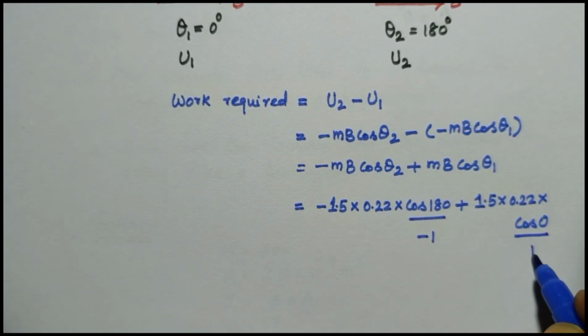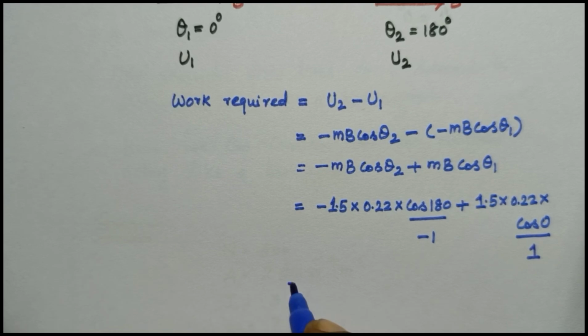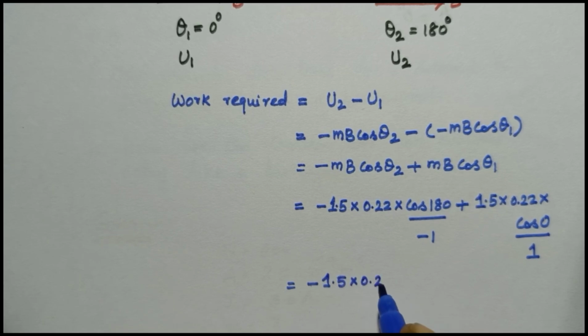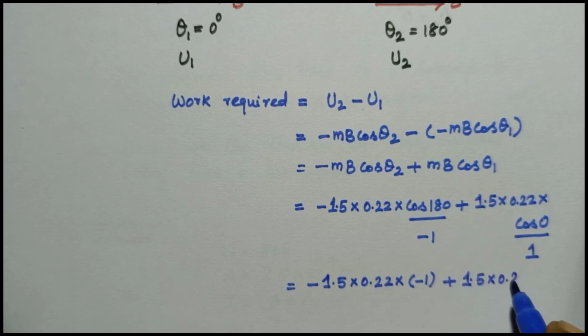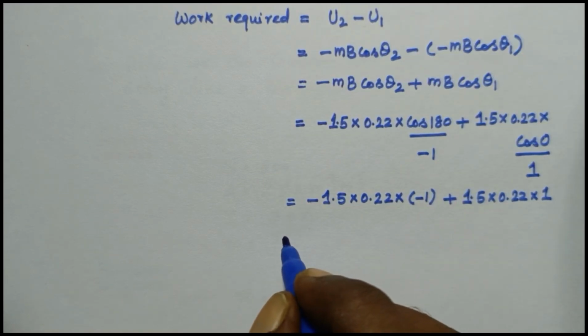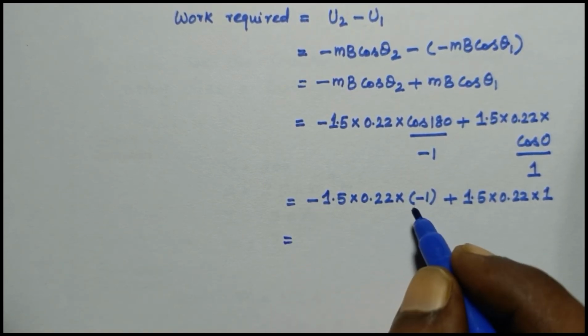Cos 0 is 1. Therefore, this is equal to minus 1.5 into 0.22 into minus 1 plus 1.5 into 0.22 into 1. This is equal to minus of minus, plus.